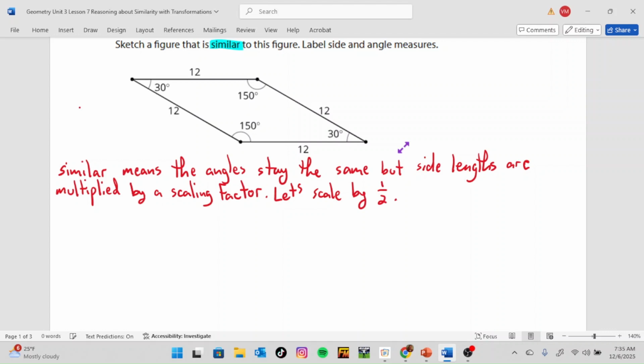If we scale by 1/2, then 12 times 1/2 equals 6. So we're going to draw the exact same shape, only this time, instead of every side length being 12, we're going to make every side length 6.